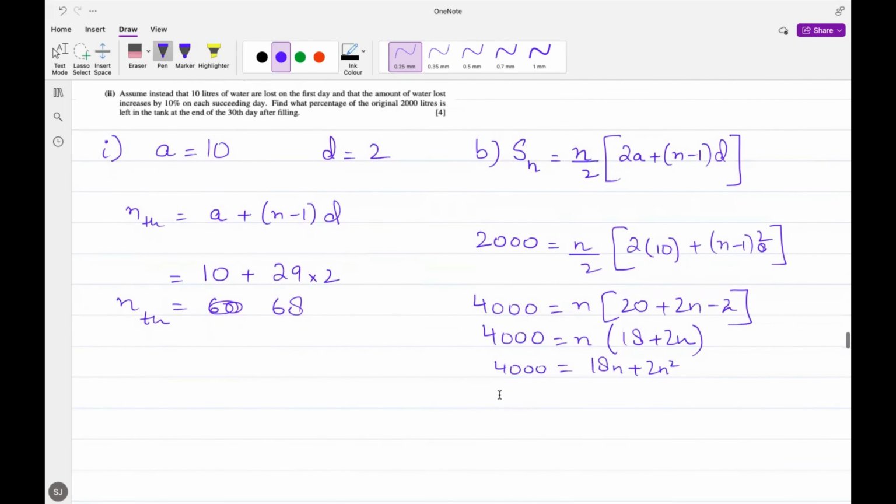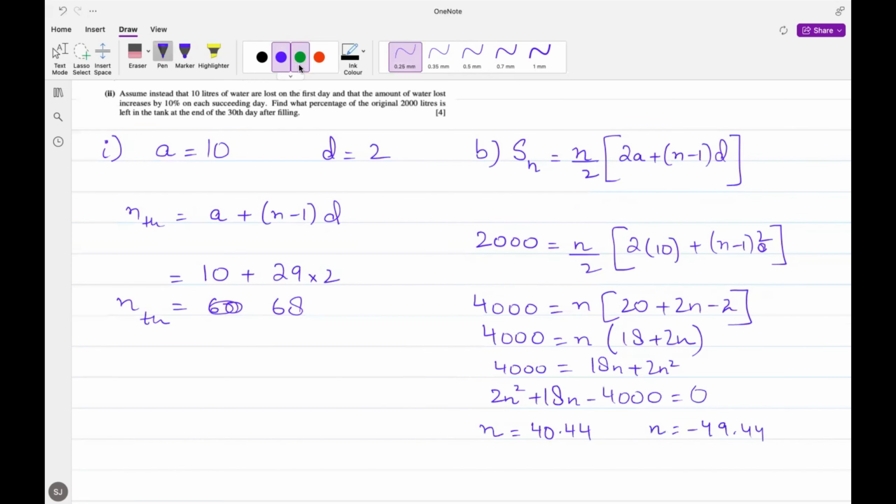Forming a quadratic equation, we'll get 2n squared plus 18n minus 4000 equals 0. Substituting this in our calculators, we'll get one of the values of n as 40.44, and the other value of n will be equal to minus 49.44.